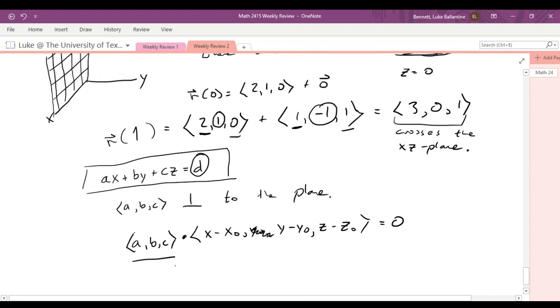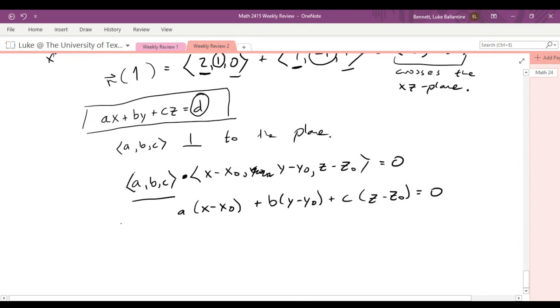Do the component-wise multiplication: a times x minus x naught plus b times y minus y naught plus c times z minus z naught equals 0.